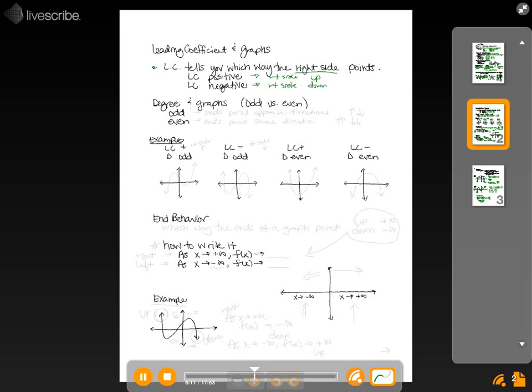Now we're going to tie degree into that. The degree in the graphs we look at: odd versus even. Okay, so we picked out what the degree is, how many times it changes direction, but we're going to be more specific where it's odd and even. If our degree is odd, that means the ends point opposite directions. One's going to point up and one's going to point down.